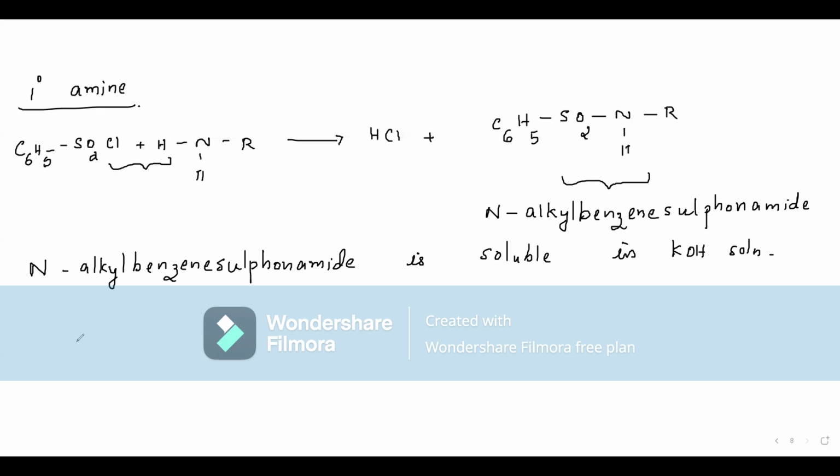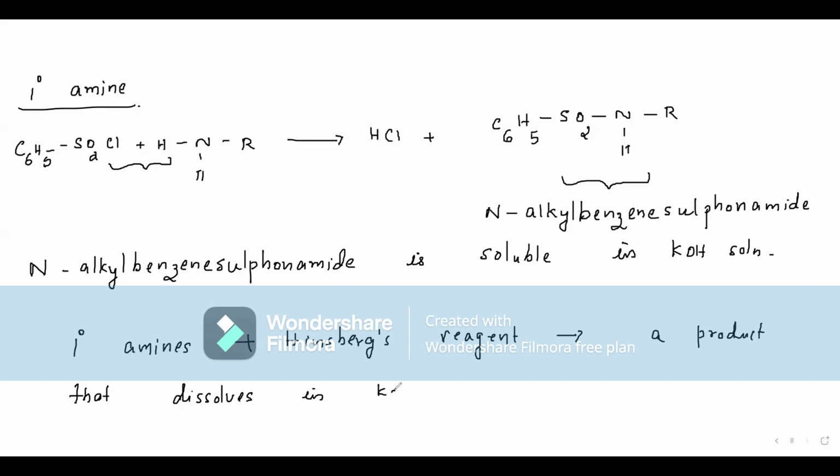Primary amines, when treated with Hinsberg's reagent, give a product that dissolves in potassium hydroxide solution, that dissolves in alkali solution.